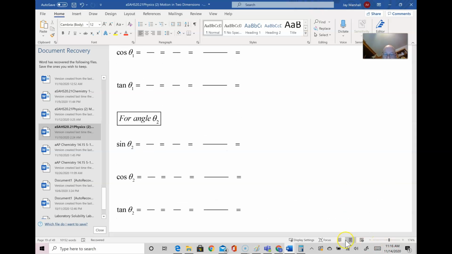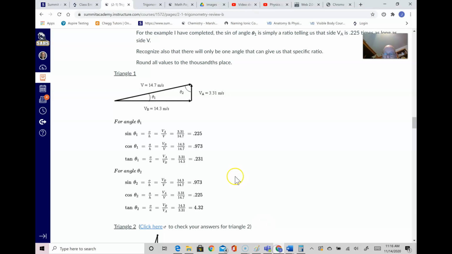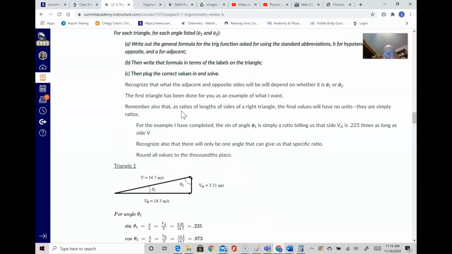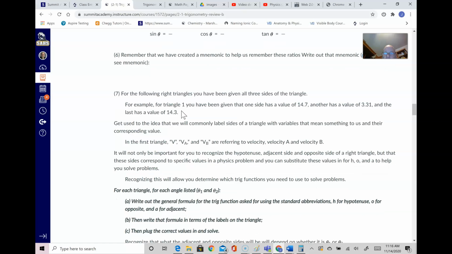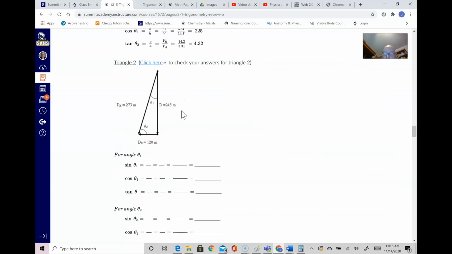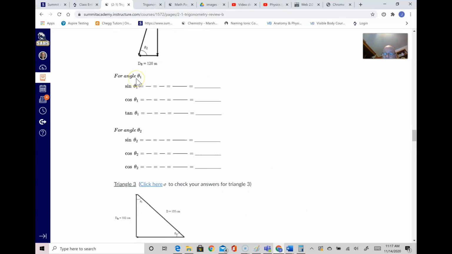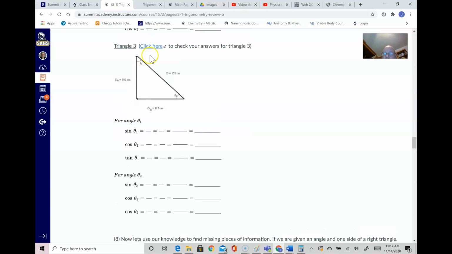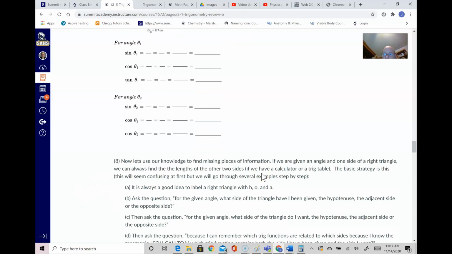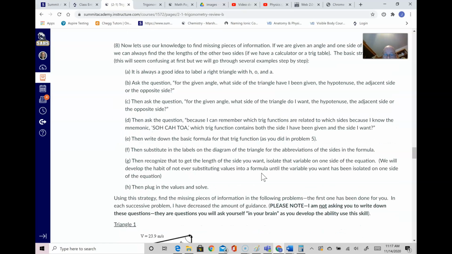Okay, and remember that you can always go to Canvas, to the class notes for this, and I've told you that you can click to find the correct value. So only use this to check your answers, okay? Don't just go and copy the answers. That doesn't help you do anything. And then for triangle 3, it's the same there, okay? So that's question 7.